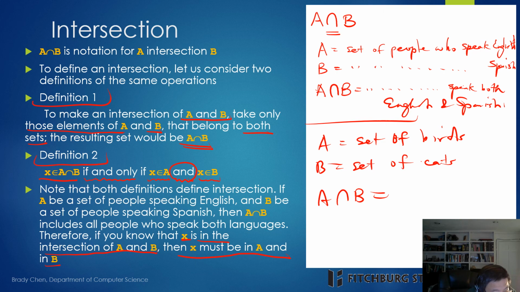That's not possible, right? So there's no overlapping between A and B. So A intersection B must be an empty set. So there's nothing in there. Sometimes we use phi to represent an empty set.